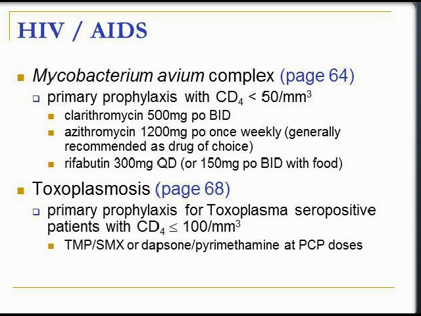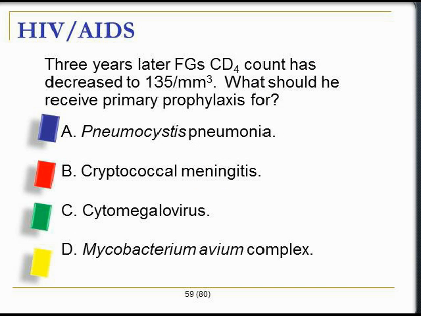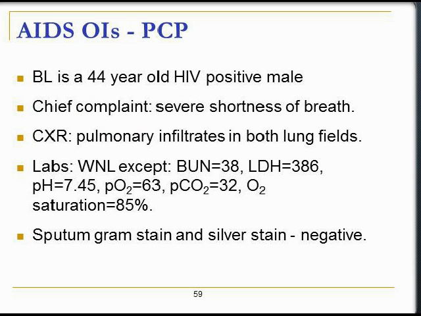Recommended either Bactrim or trimethoprim sulfa or a combo of dapsone-pyrimethamine. So the correct answer, this patient is greater than 100 but less than 200, so the correct answer is A, pneumocystis. So let's talk about pneumocystis, PCP, and this is patient case 5, and the information on PCP begins in the middle of page 59.